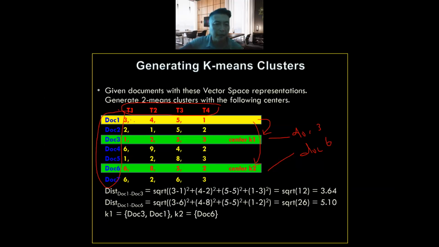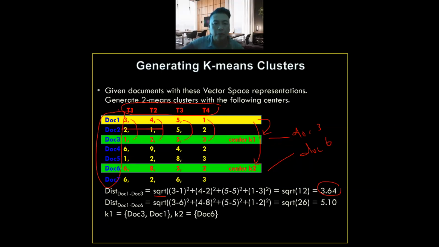I take 3 minus 1 square plus 4 minus 2 square plus 5 minus 5 square plus 1 minus 3 square, and then I take the summation and the square root. So this is the distance between document 1 and document 3.